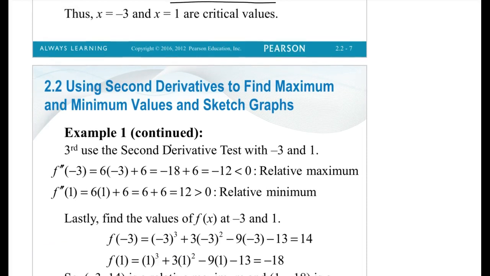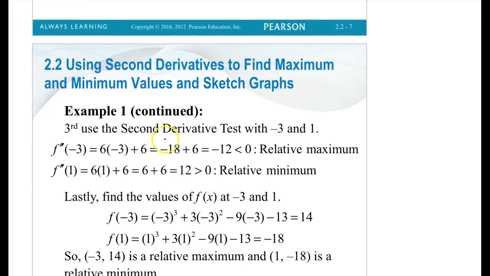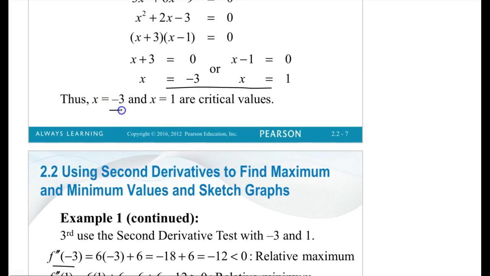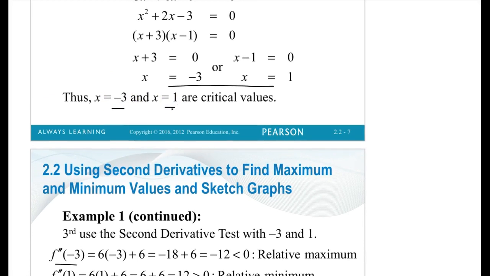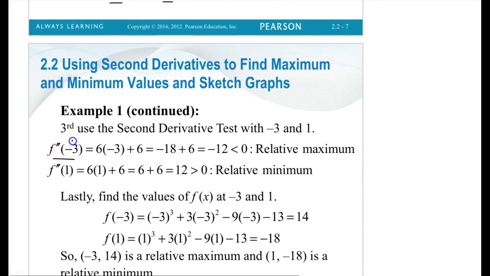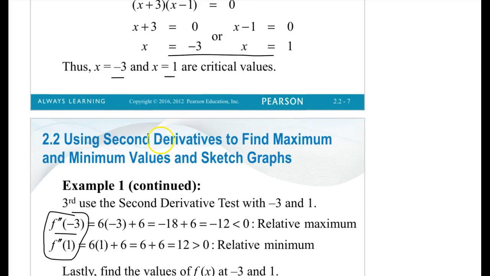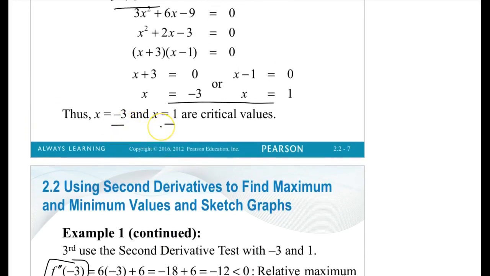In this case, we first find the values. Once we had these critical values, -3 and -1, we're going to substitute those values into the second derivative. Because now we know these are critical values, these could be max or min points.